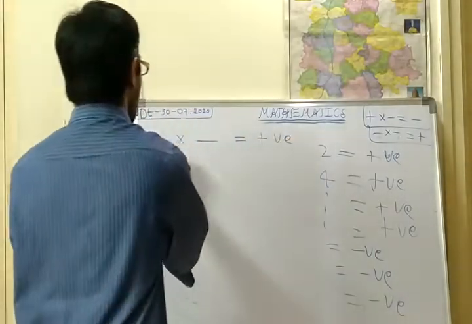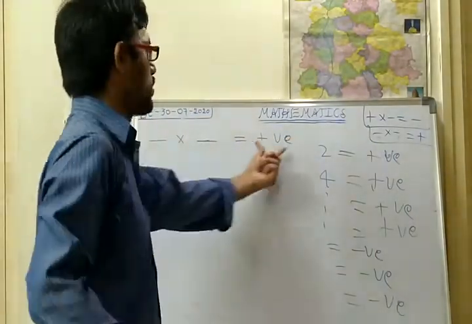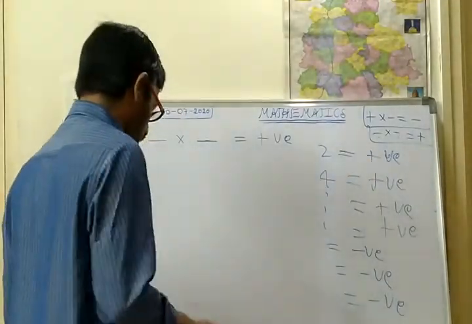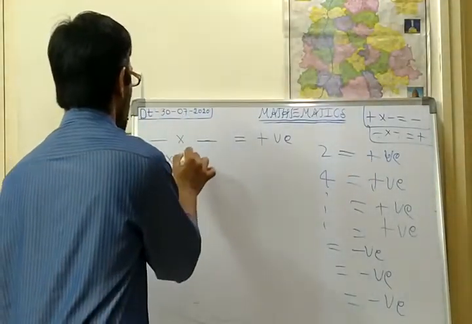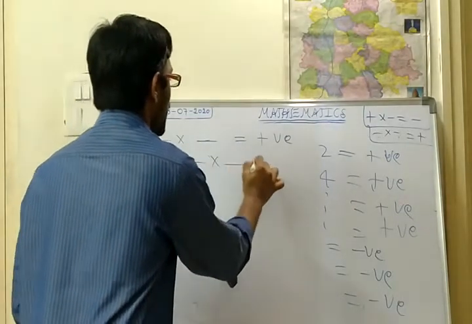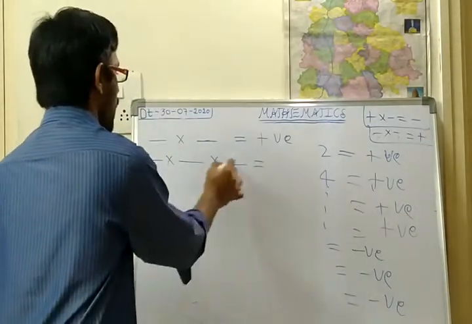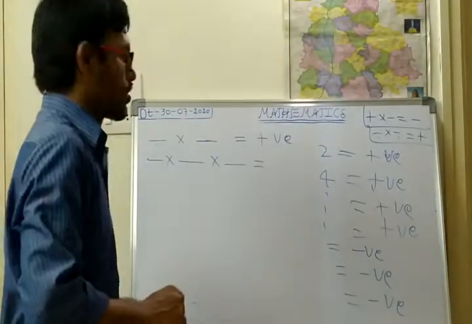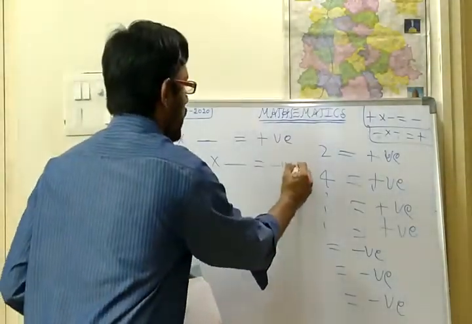So with two negative integers, an even number of integers, it is a positive integer. Next, the product of three negative integers. An odd number of negative integers are there, so what will come? Negative integer.